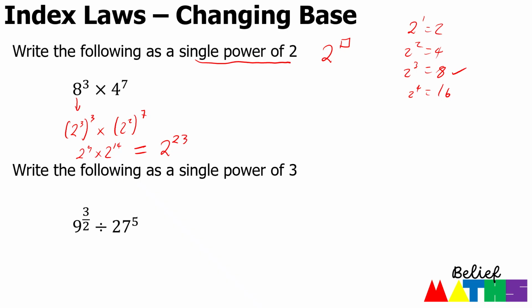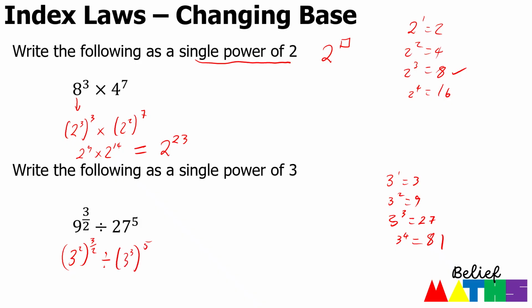Similar idea in the next one, looking at your powers of 3, 3 to the 1 is 3, 3 squared is 9, 3 cubed is 27, and 3 to the 4, even though we don't need it here, but it's worth knowing, is 81. So with this one then, we're going to do 9, so 9 is 3 squared to the power of 3 over 2, divided by 27, which is 3 cubed to the power of 5.